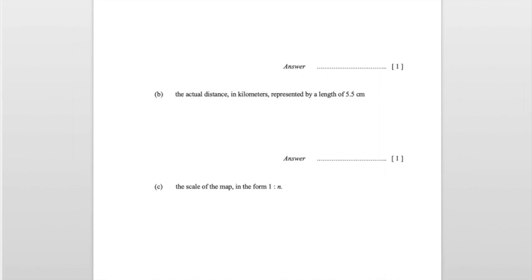Then we have to find in cm square how much is 25 km square. Since 1 km square is represented by 4 cm squared.